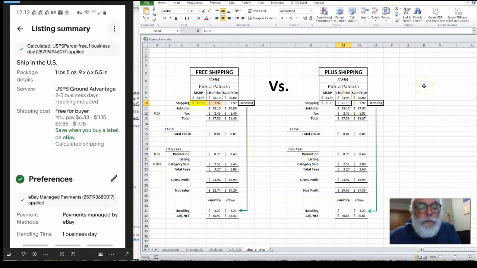Now, what happens if my shipping is at $7.92 as it was? Okay, well, that changes things, right? And on a couple of different levels. But what it does not do is give us any handling, because the assumption has to change right along with it.